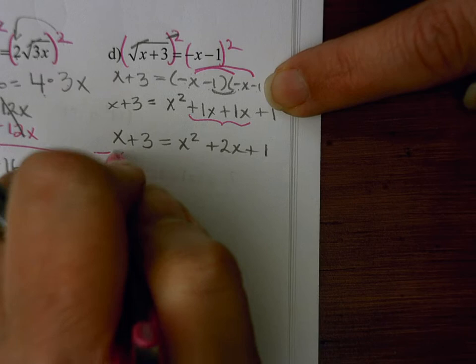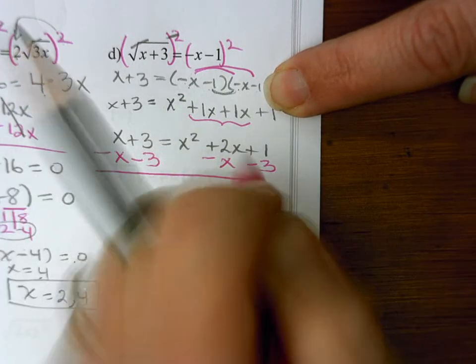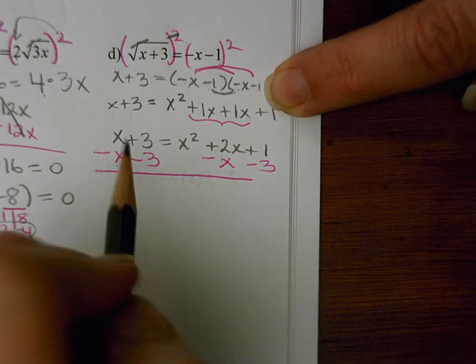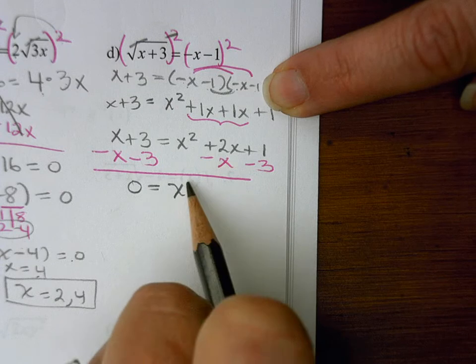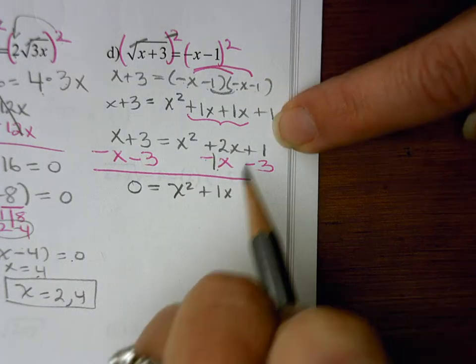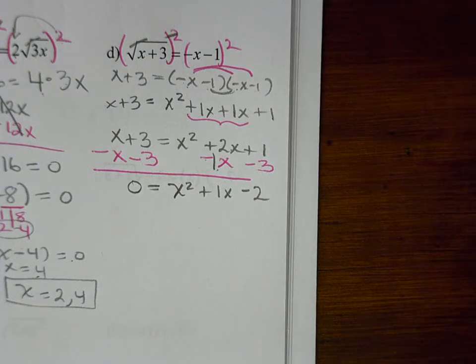And then I have to set it equal to 0 in order to use the zero product property and factor. So I'm going to subtract x and 3. So this will cancel, equaling 0. And then 2x minus 1x is 1x, and 1 minus 3 is negative 2. And then from here I want to factor because I have a quadratic, so I have a squared term.